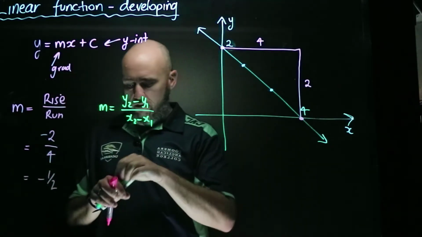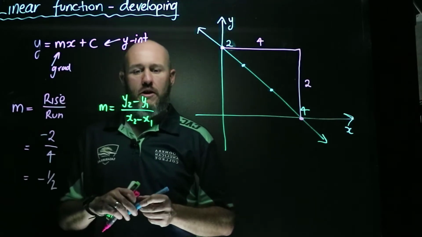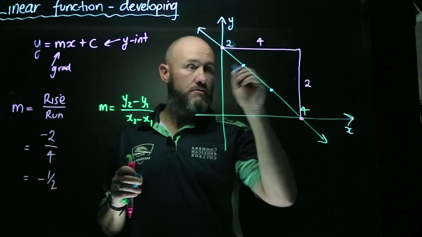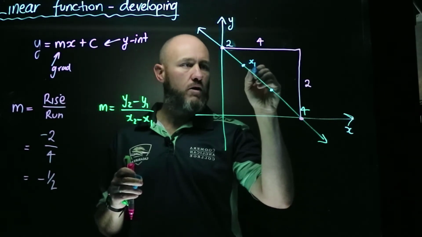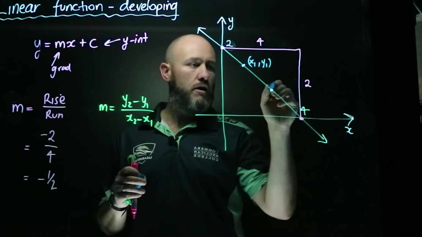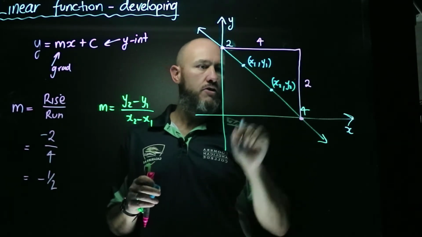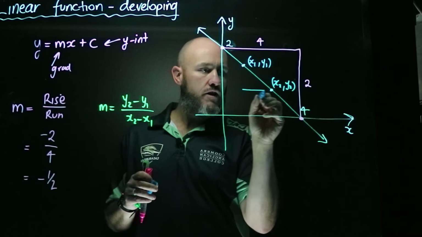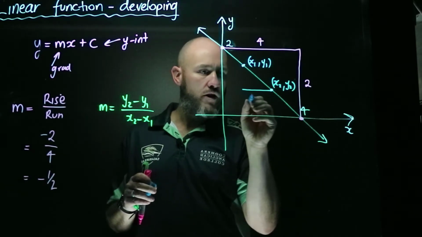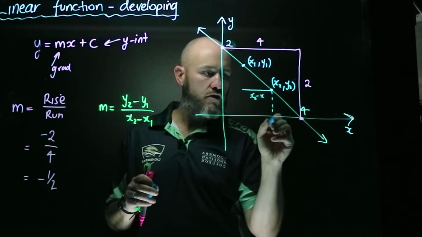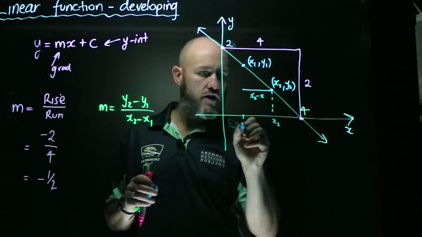The second one revolves around y2 minus y1 over x2 minus x1, and it comes from the idea that if you have two data points, let's say x1, y1 and x2, y2, then you can find the change in run by doing x2 minus x1, because this is x2 and this is x1.